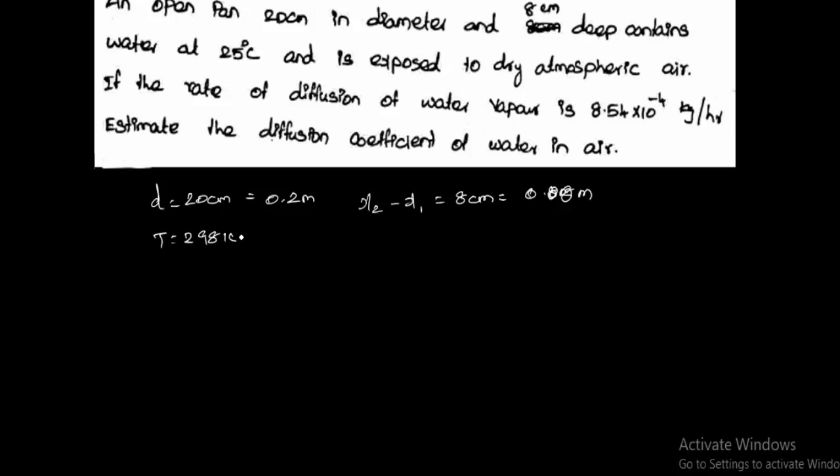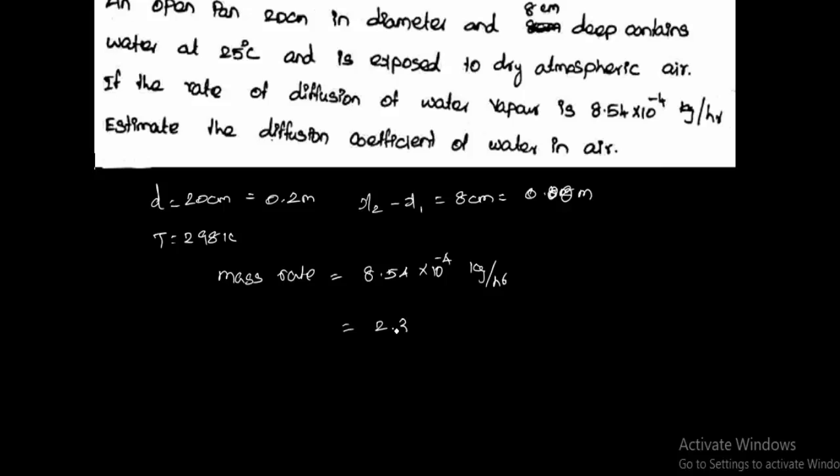The rate of diffusion of water vapor is given as mass rate equal to 8.54 into 10 to the power minus 4 kilogram per hour. You can divide this value by 3600 to get kilogram per second.